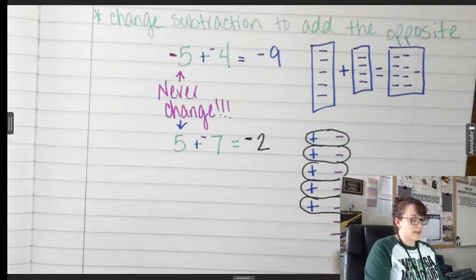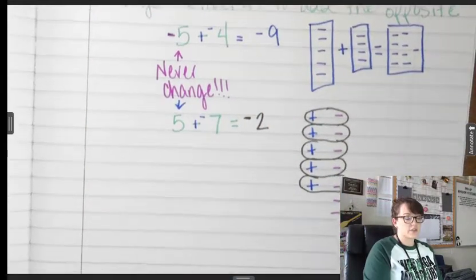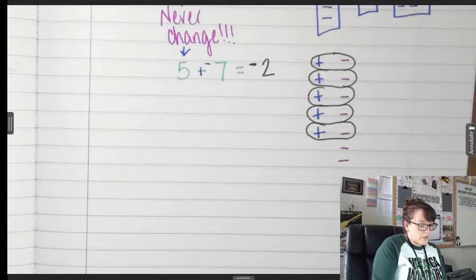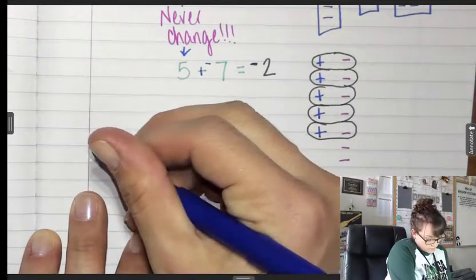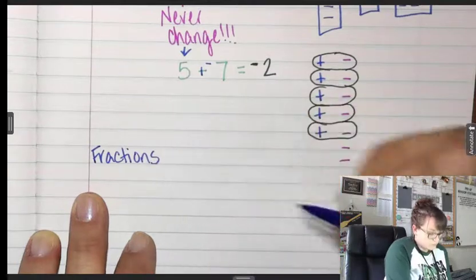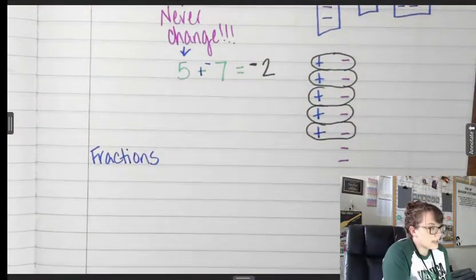Okay? So that's a quick crash course over integers. Now, let's apply it to rational numbers. When you've got fractions, same rules as yesterday.